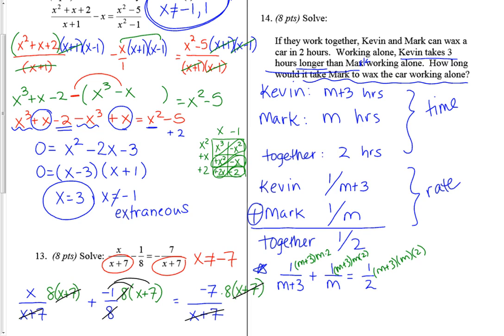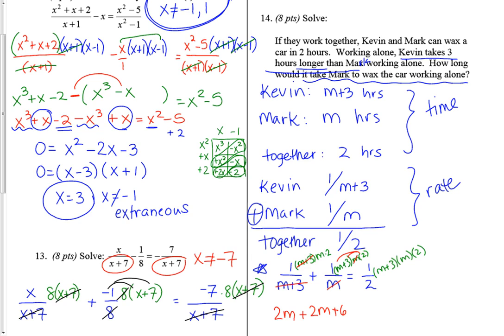That allows me to do some reducing. So in my first fraction, all I have left is 1 times m times 2, which is 2m. In my second fraction, my m's reduce, and I have 1 times m plus 3 times 2. So the 1 doesn't really matter. I'm just going to distribute the 2 to both things in this. I have it now at 2m plus 6.